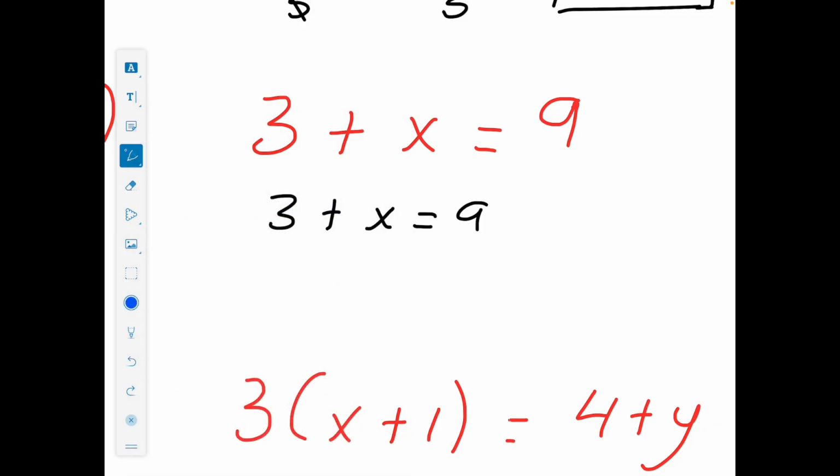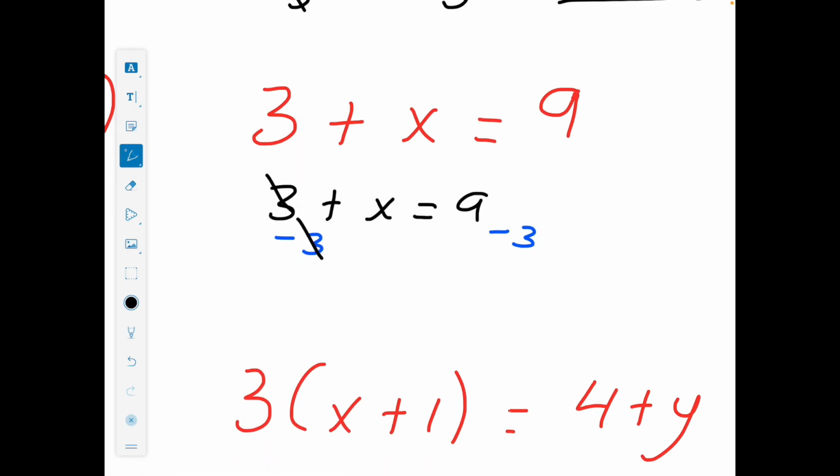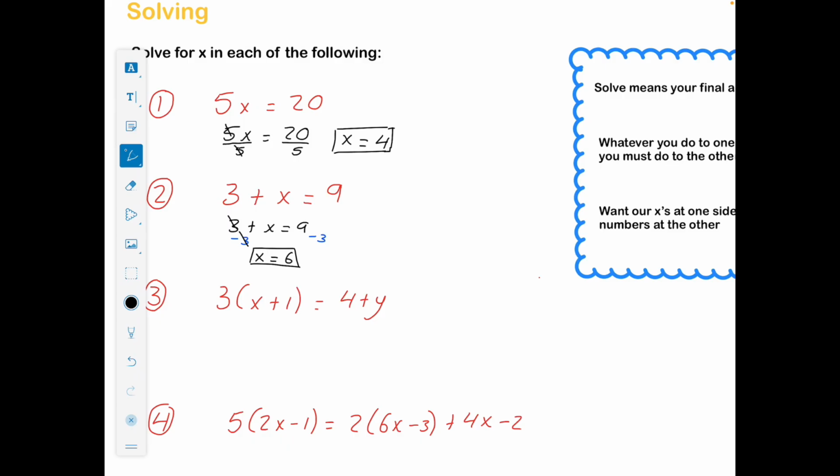So this 3 here is my problem. To get rid of that, we need to subtract 3 from both sides. So we subtract 3 from this side, and 3 from that side. These cancel out, and we end up with x is equal to 9 minus 3, which is 6. And again, that's the answer we thought it would be before we did any algebra.